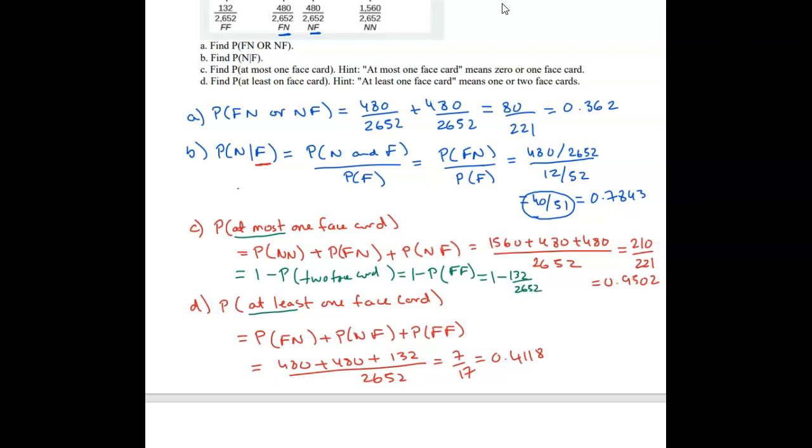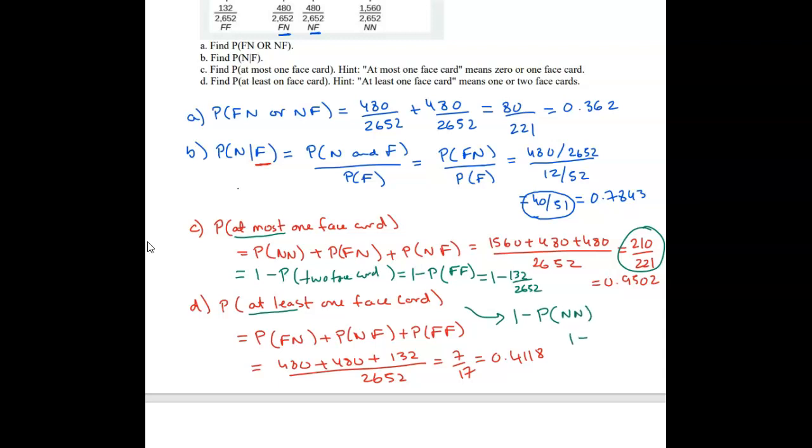And if I do that, 2652 minus 132, divided by 2652, we get the same thing here. Right? For this one, the probability of getting at least one face card, this is 1 minus the probability of getting no face cards.